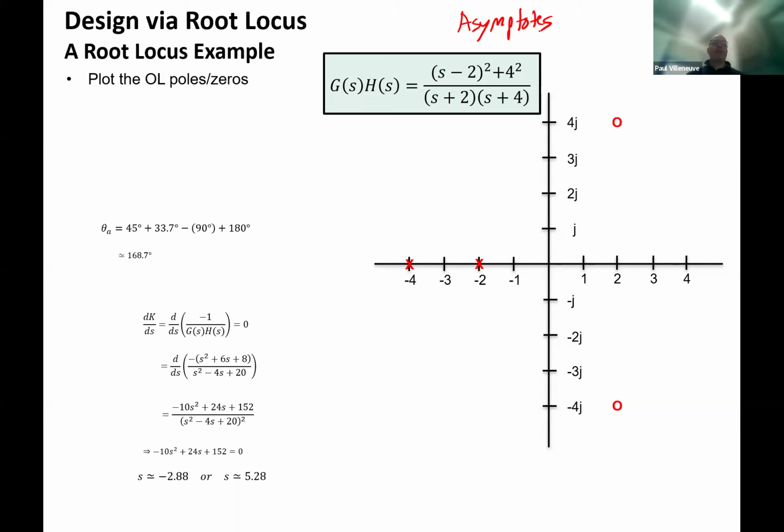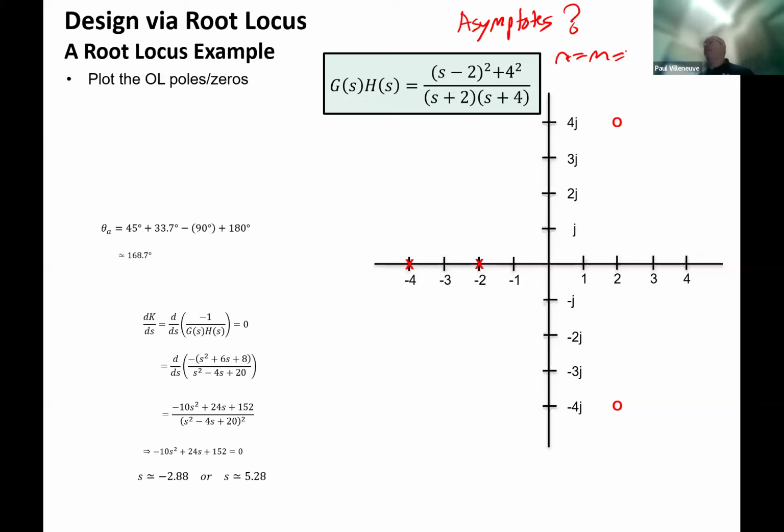Are asymptotes important to me? No. Why not? Because they're the same, right? The number of poles equals the number of finite zeros.